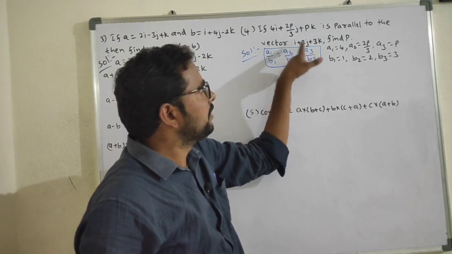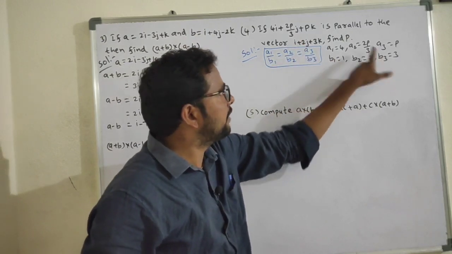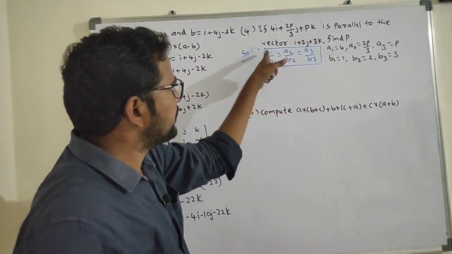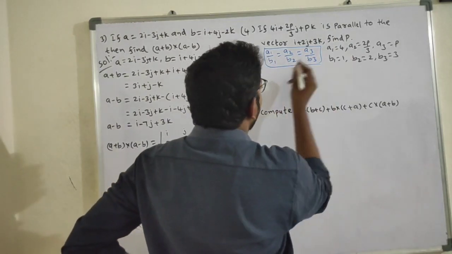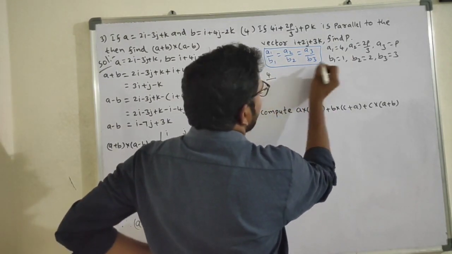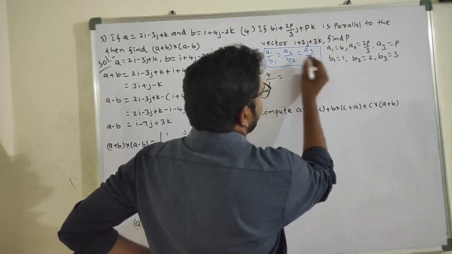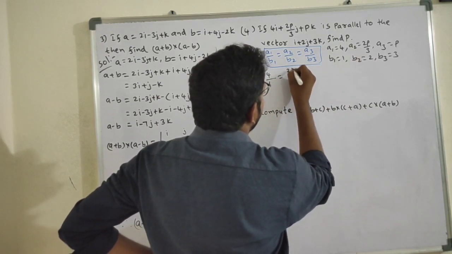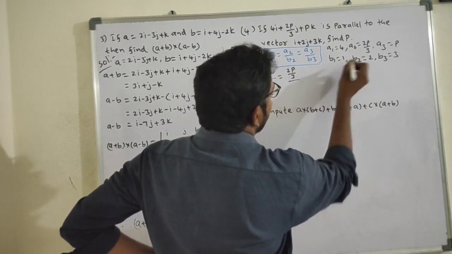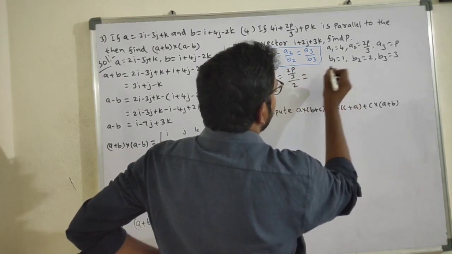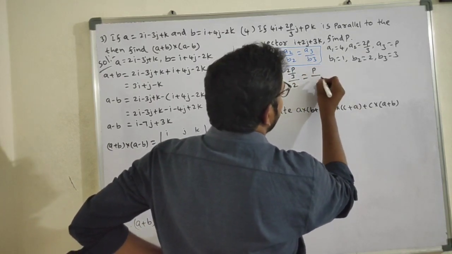Now substitute all values in this formula: 4 by 1 is equal to (2p by 3) by 2 is equal to p by 3.